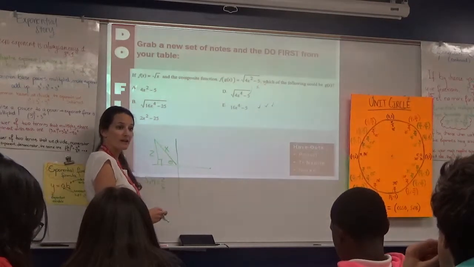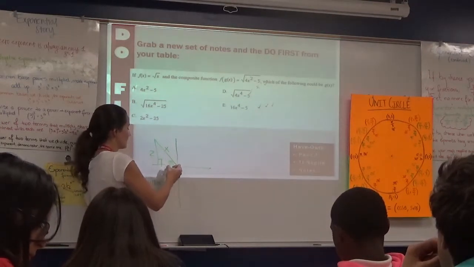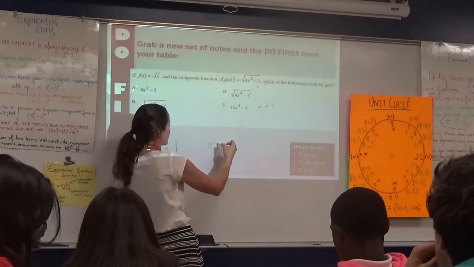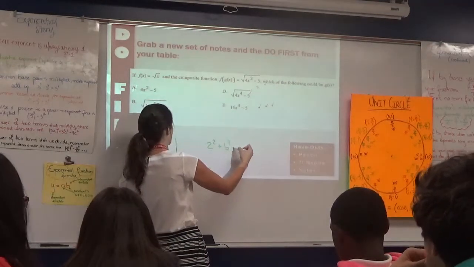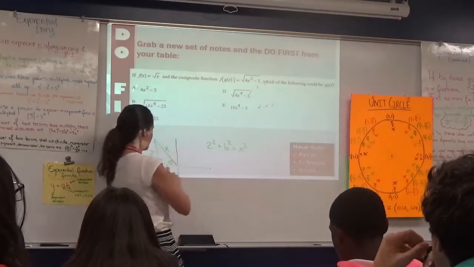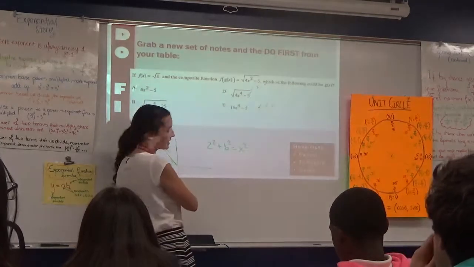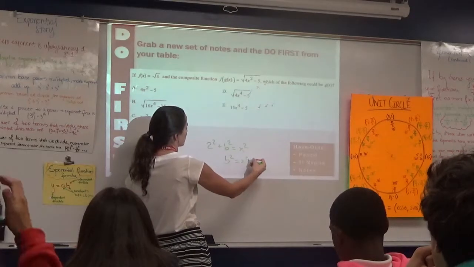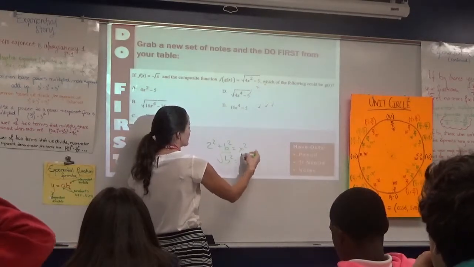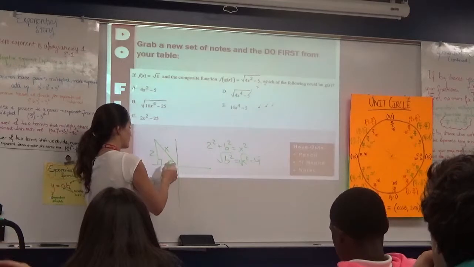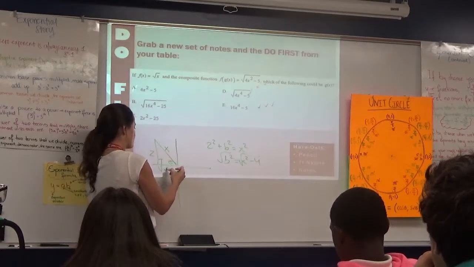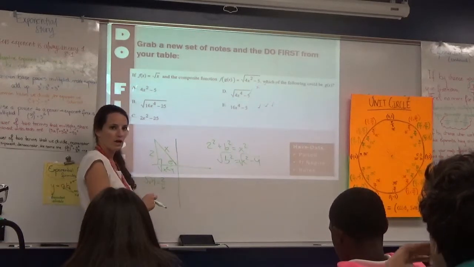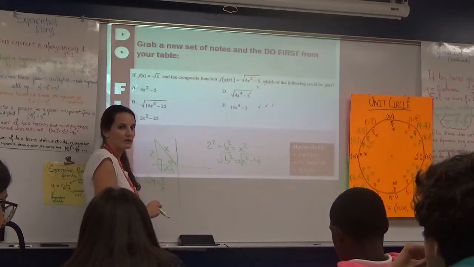Then if you do the Pythagorean theorem to solve for this side, you'd have 2 squared plus b squared equals x squared. Solving for this side b, this would be 4, so b squared equals x squared minus 4. Take the square root. This is equal to the square root of x squared minus 4. Okay? And then they want you to find which trig function?